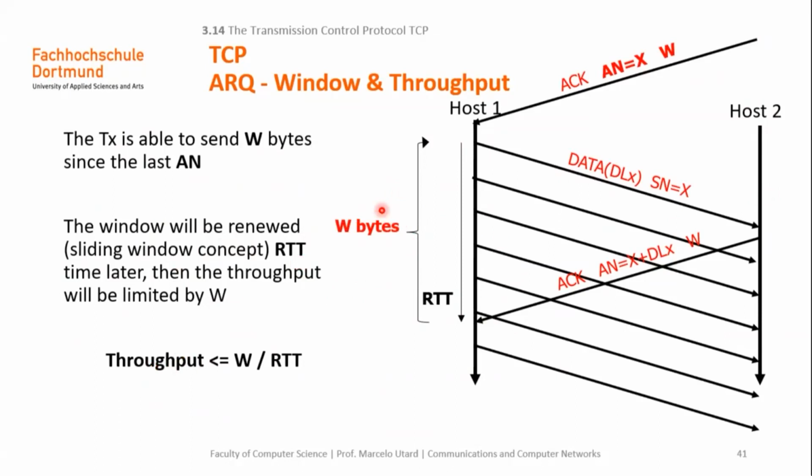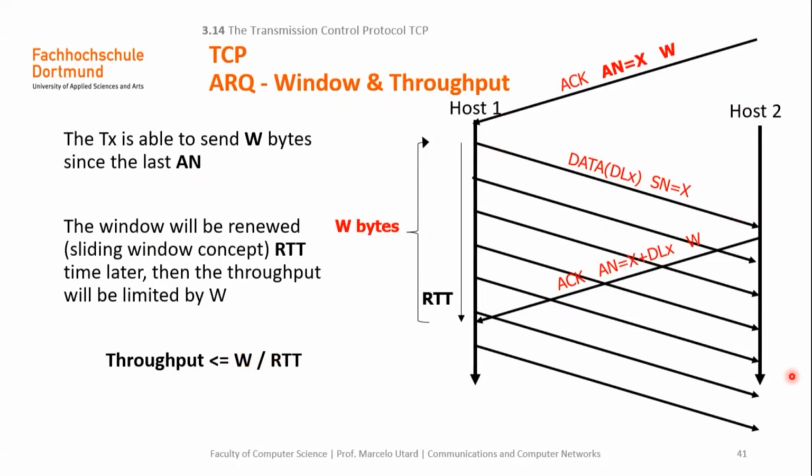Then we will see that there are two different mechanisms that could be implemented. One mechanism is that the window is the amount of bytes that the transmitter could send without overflowing the receiver buffer.